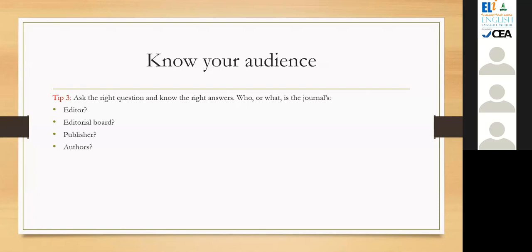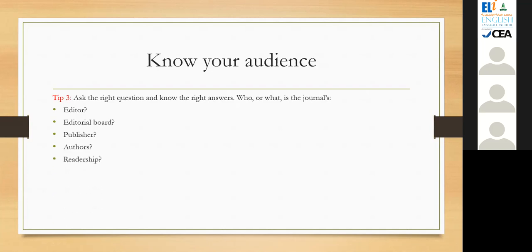For example, if I'm investigating a particular area, in each major they have very famous or well-known scientists in that field. So I have to see where these authors publish.